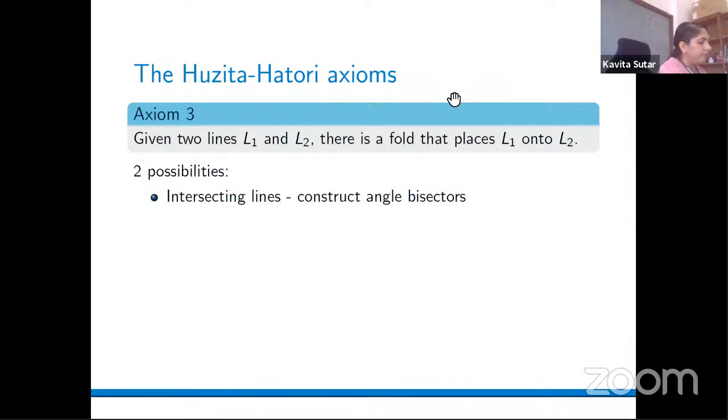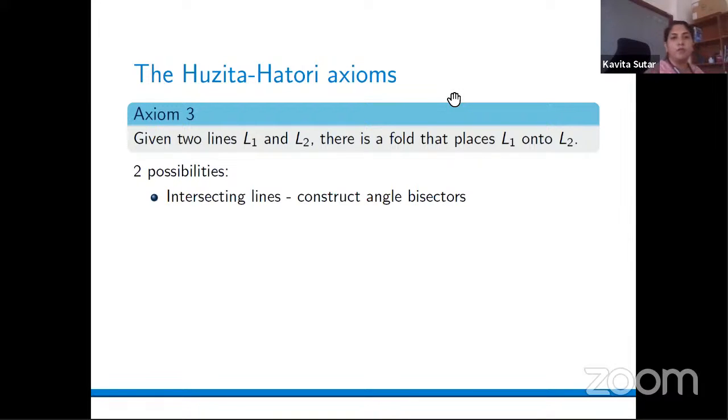So I folded one line on top of the other. What does this fold give me? It is a third parallel line halfway from L1 to L2. Right? This distance is the same as this distance, as can be seen from this fold. It is exactly this distance.